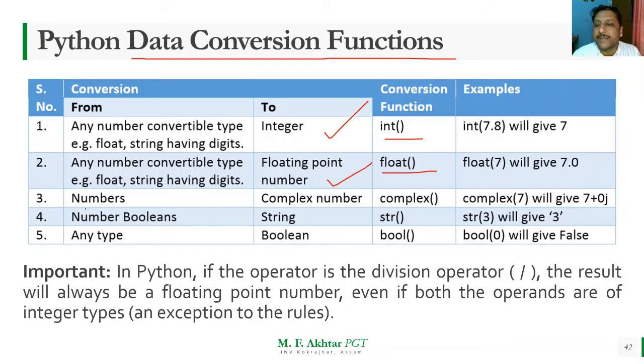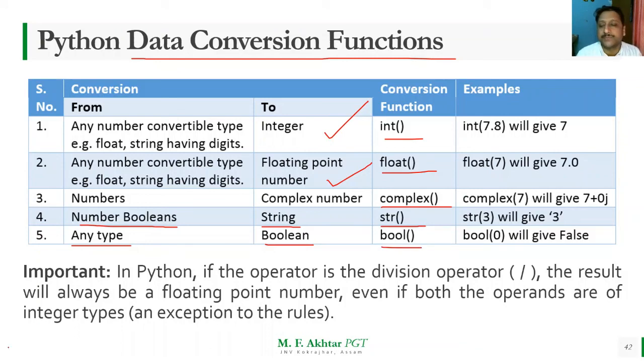Suppose a number is there and we want to convert it to a complex number, then the complex conversion function can be used. If we want to convert to string, then the str function can be used. If any other type is there and we want to convert it to boolean, then the bool function can be used.